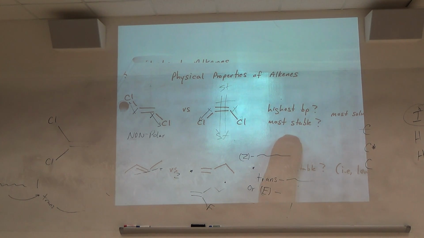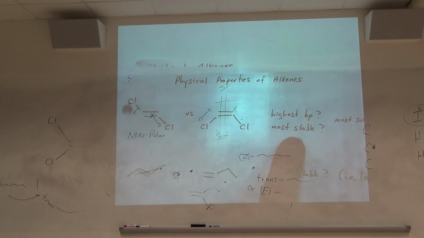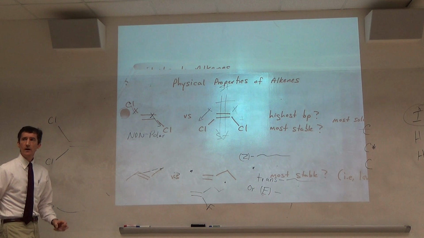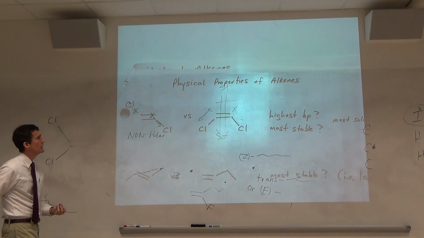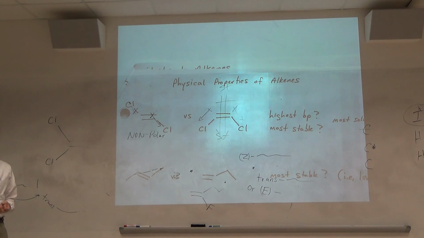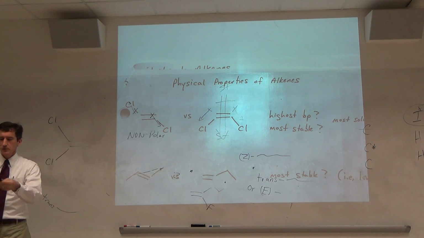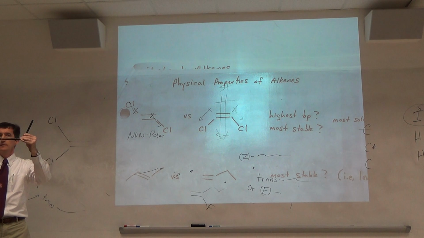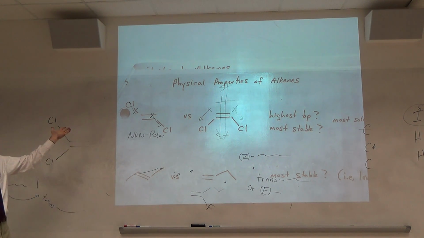Which one's most stable? They all have the same bonds, and so the same hybridization in the bonds. Which one of these conformations is most stable? Syn or anti? Okay, so which one of these is fixed?